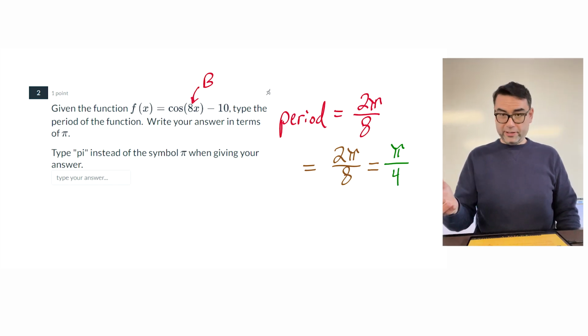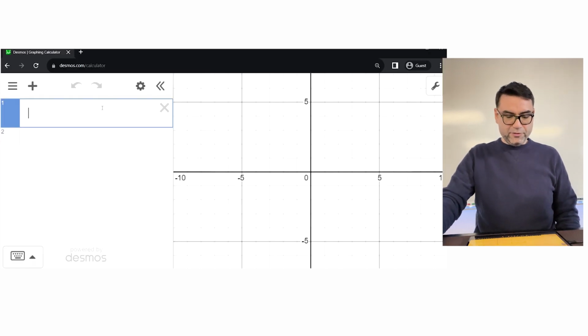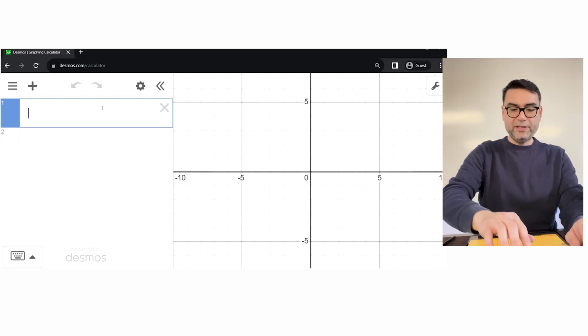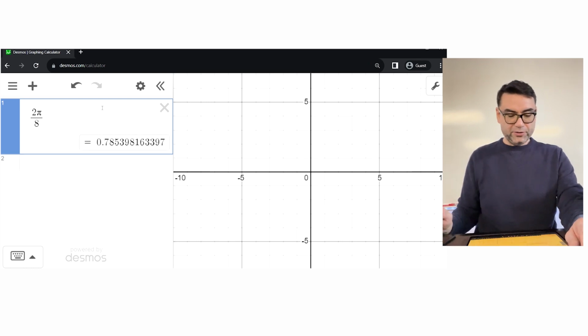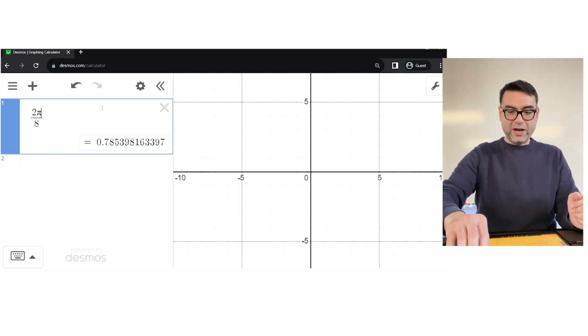And just as a quick reminder, if you hang out on Desmos and you try to have Desmos simplify an expression like this, it can't. Let me show you. So 2 pi over 8, according to Desmos, is 0.785, etc. Now, to get it in simplified fraction form, you have to remember that Desmos can't find rational expressions with pi fractions.